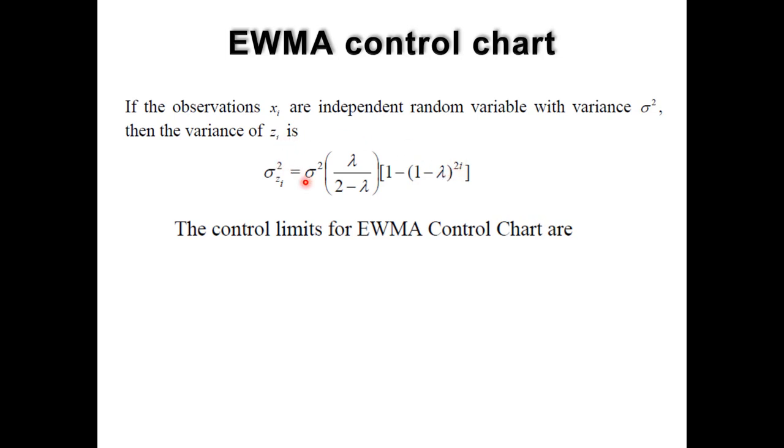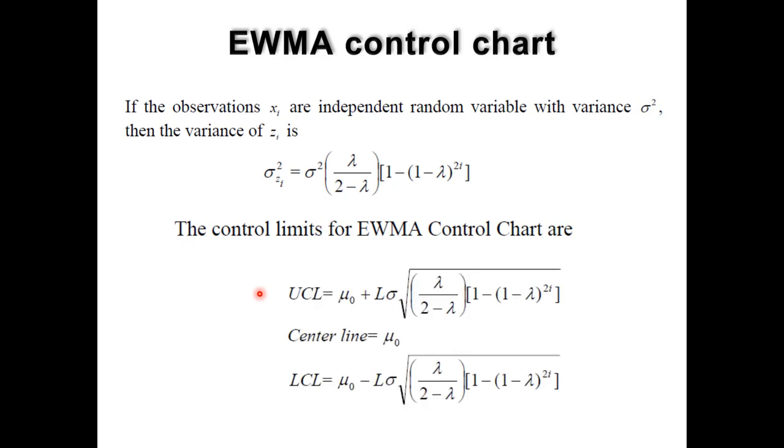Okay, so basically this is the formula for the variance of the EWMA z statistic. From this variance we can compute the control limits for the EWMA control chart. And from the EWMA control chart itself, the center line will be mu naught, which is actually the population mean value.